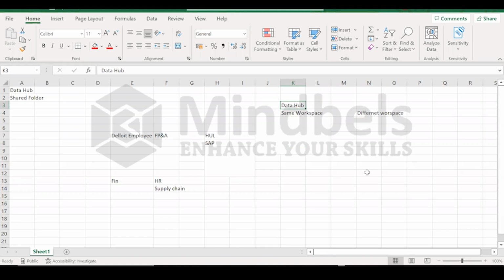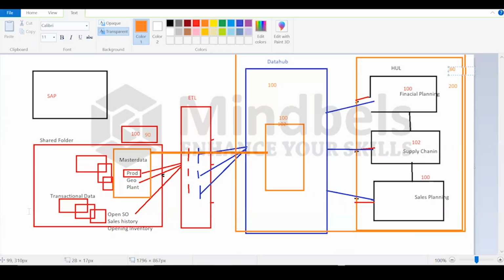That's one thing, the same workspace and different workspaces for the data hub. Now the files which we get from the source system are managed by the data management people. Since this is an automation process, within the shared folder they need to convert all these files into .csv files.